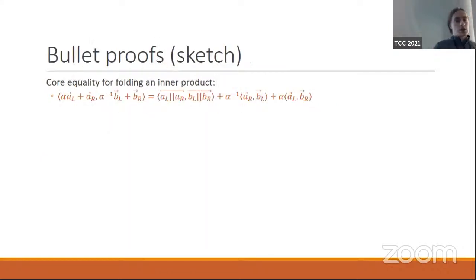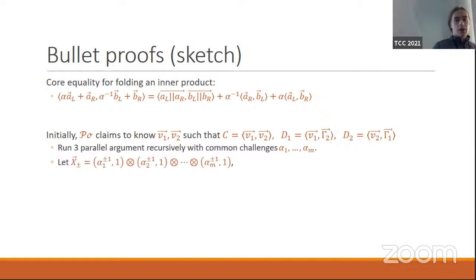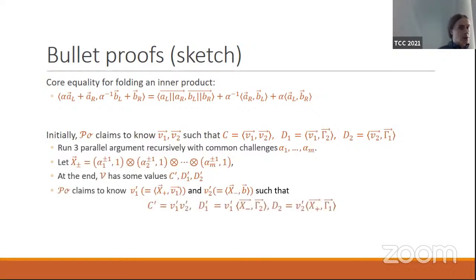So just sketching what goes on in Bulletproofs. The key point is you've got some inner product, and you can break an inner product between two large vectors into a bunch of smaller inner products and combine them with verifier challenges. If you actually go and look at the arguments, what you'll end up with is some sort of commitment to an inner product and two commitments to individual vectors.